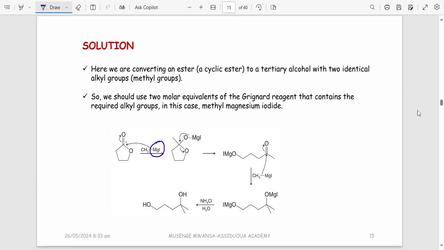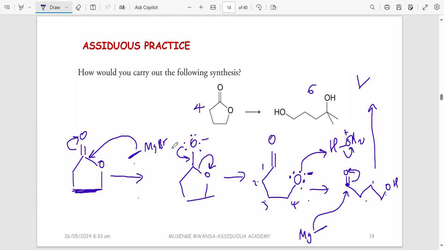My drawings are a bit apart here. Let me just explain using the same one. Now, here we're supposed to have a carbon.